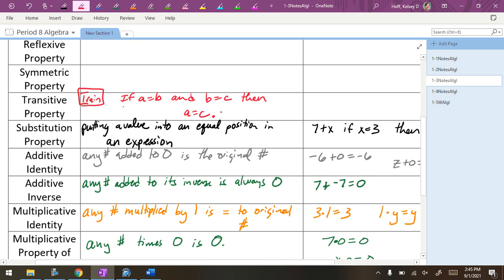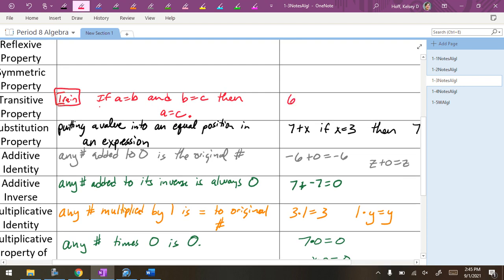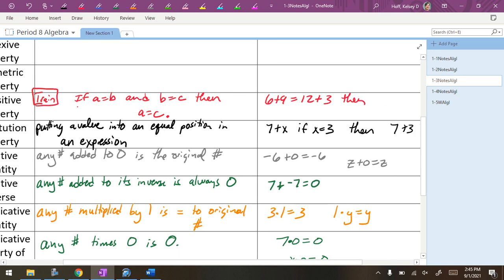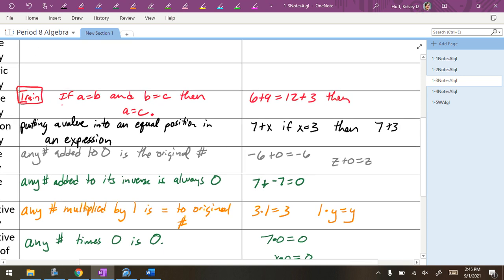A equals B, B equals C. We can actually just know that A and C are equal. So if we know 6 plus 9 equals 12 plus 3, and 3 plus 12 is 15, then 6 plus 9 equals 15.